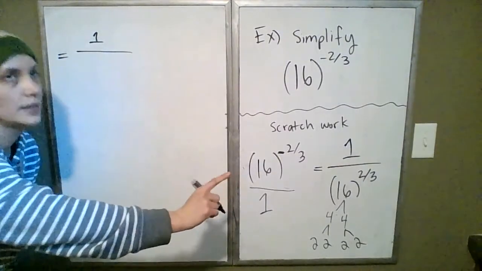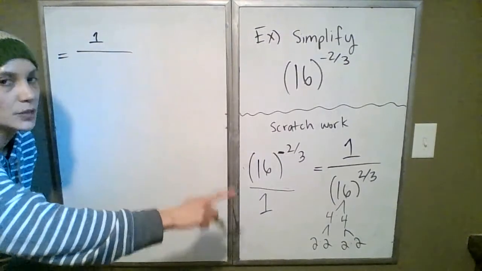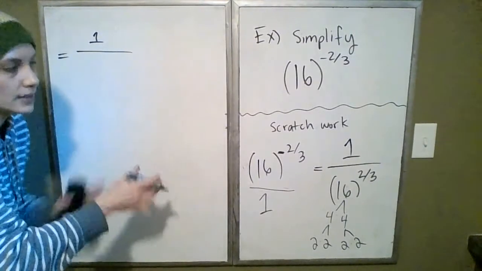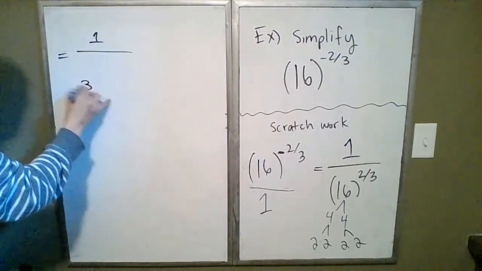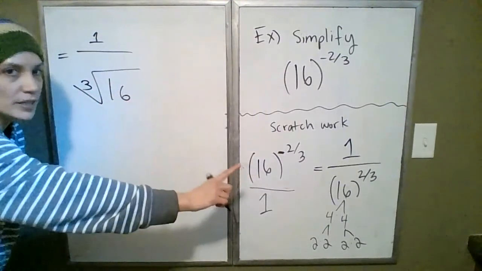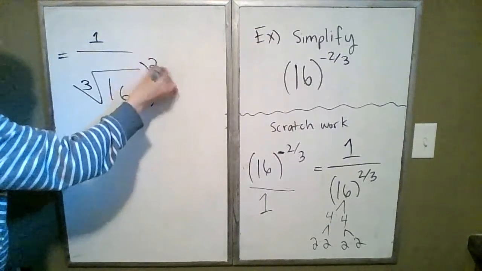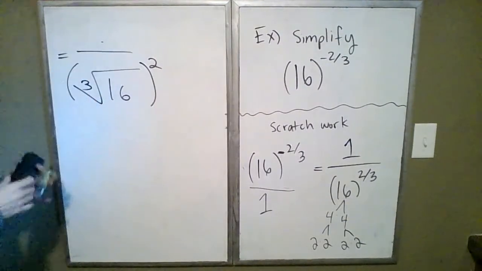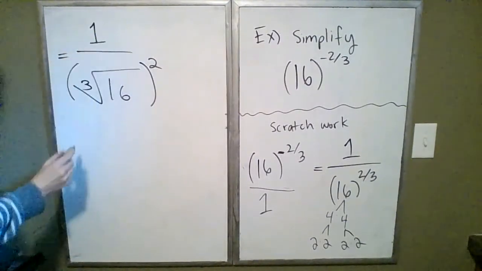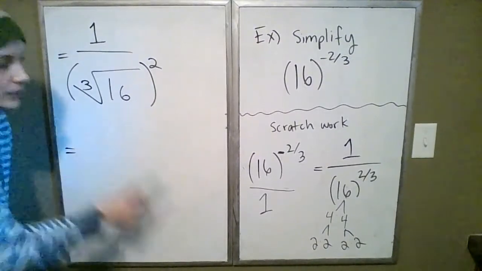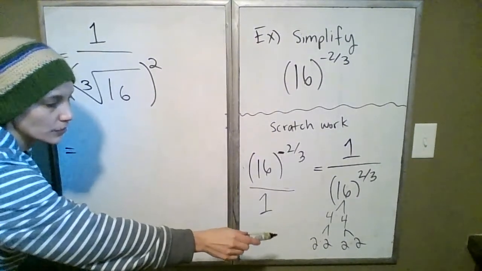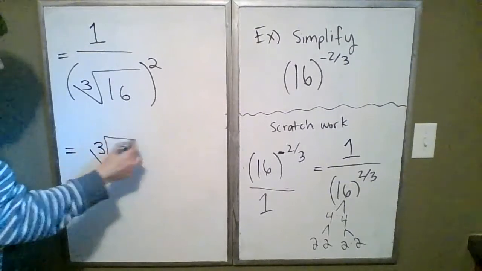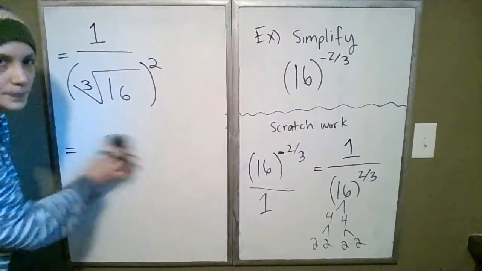We're going to change that power into a cubed root of 16, and then we're going to put the square outside. So use the denominator as your root. Use the numerator as your exponent. Okay, 16 is 2 to the 4th. And this is all in the denominator.